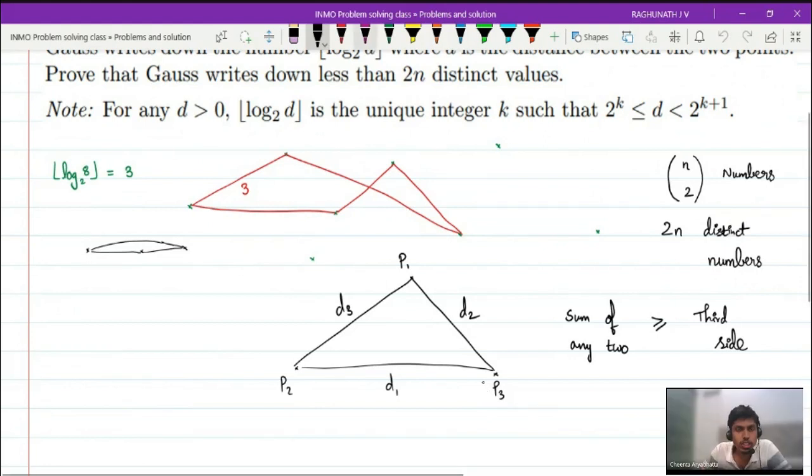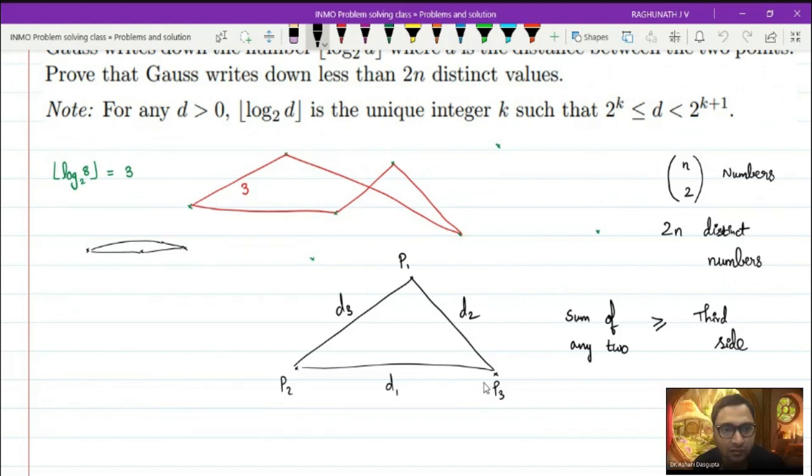So I will sketch how we can go about proving this, because these distances are powers of 2, right? So maybe we will only consider the even numbers that Gauss writes down, because he's writing down integers, right? So let's only consider the even integers that he writes down.